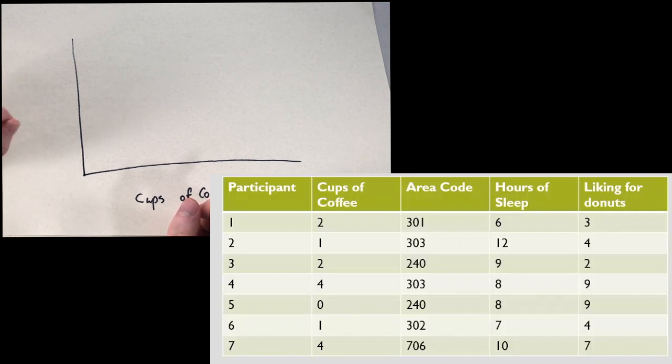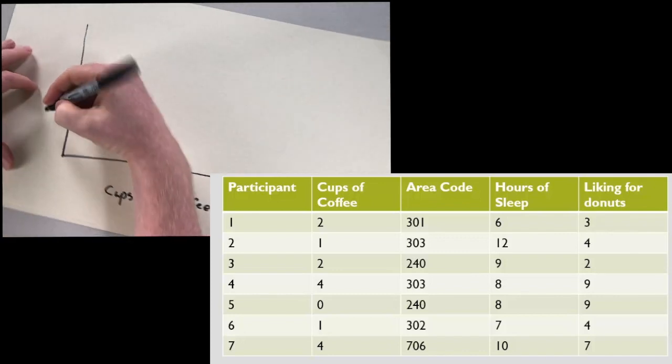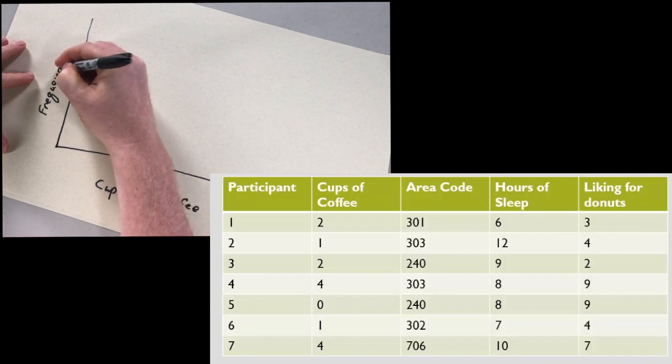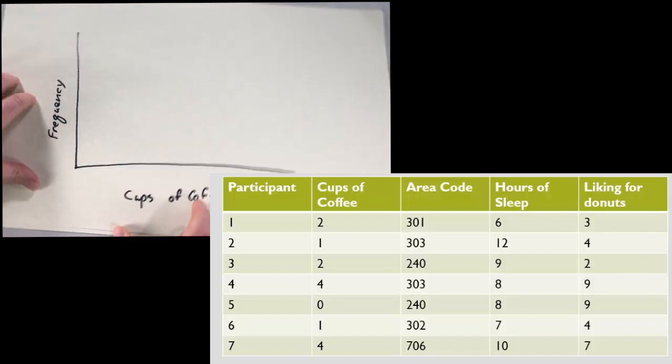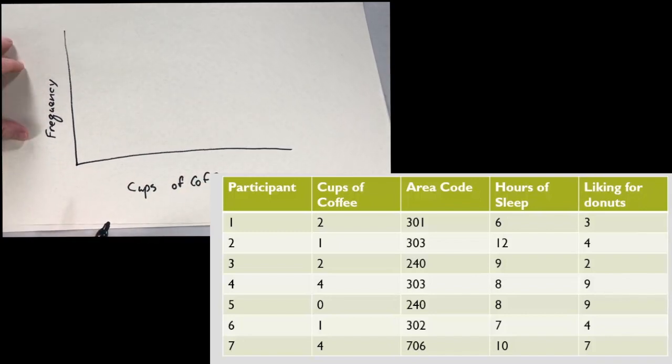Well, in order to do this, we're only looking at one variable. That's cups of coffee right here. One variable. That means that when we plot it out, the y-axis will be frequency. The x-axis will be cups of coffee.